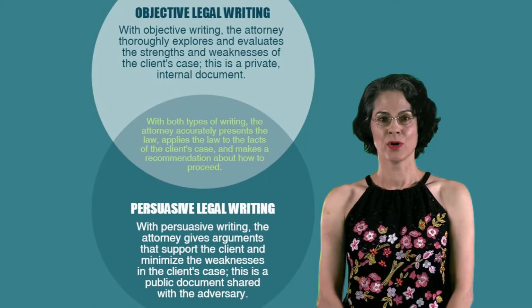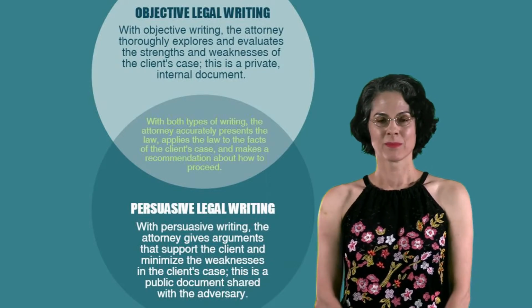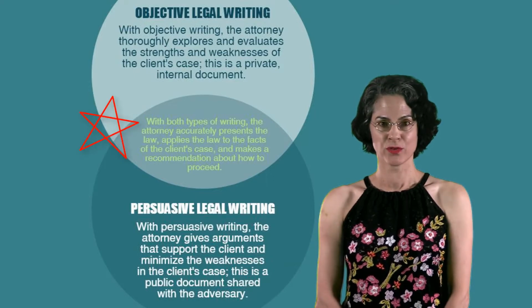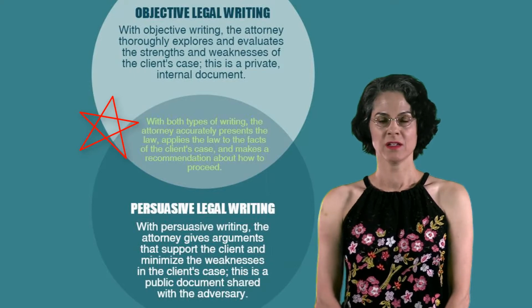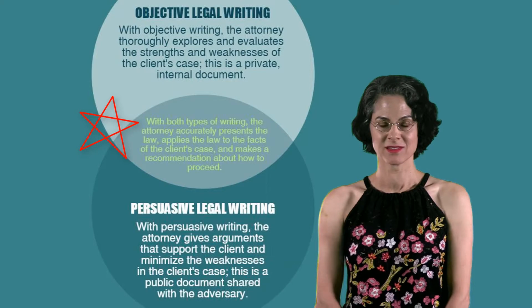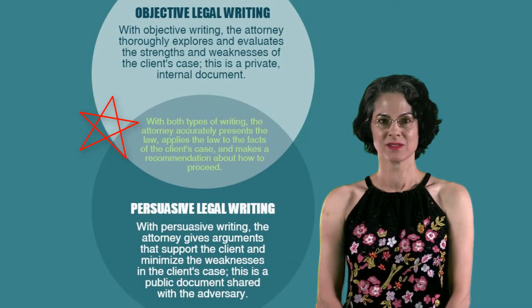It's important to note, though, that in both objective and persuasive legal writing, the attorney always accurately identifies the legal framework. Moreover, in both types of writing, the attorney applies the law to the facts of the client's case. Finally, both types of writing are predictive.